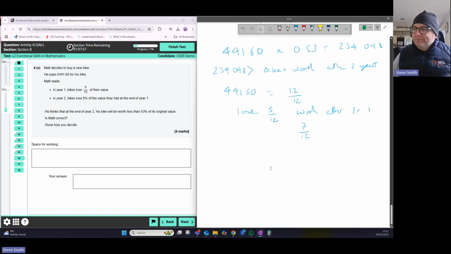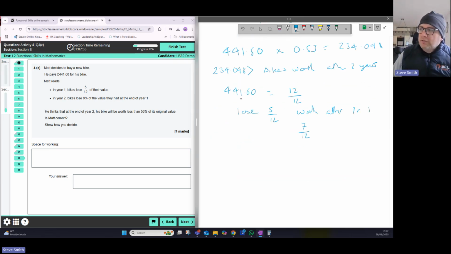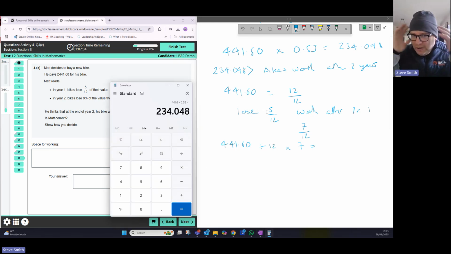So now we know, rather than go 441 divided by 12 times by 5, that's the value, take away that from the original value, we can do it in one simple step. We can go 441.60 divided by 12 times by 7. And that's our value after year 1. If he's losing 5 out of 12, I'm still keeping 7.